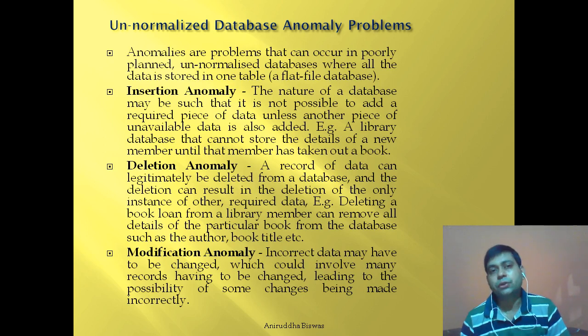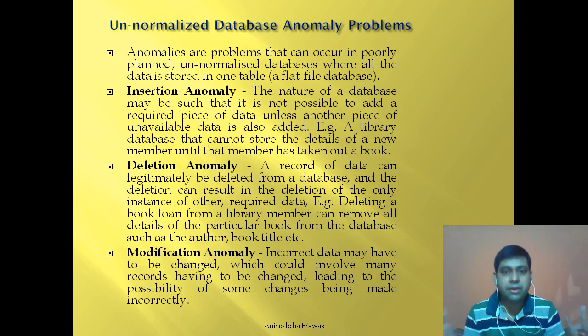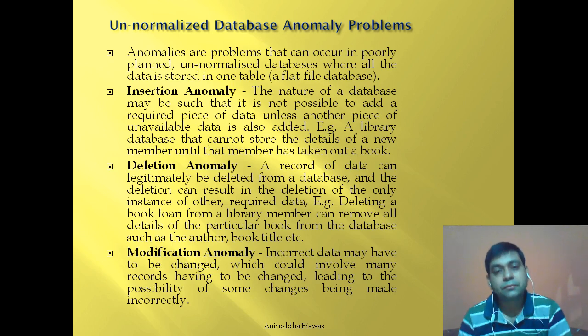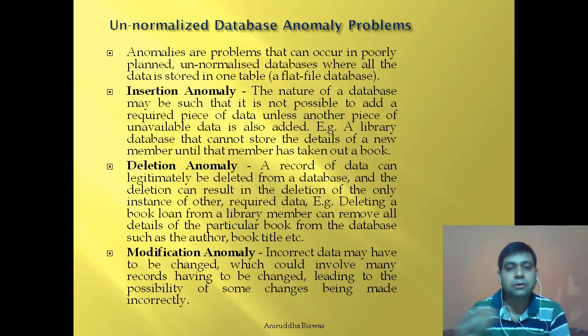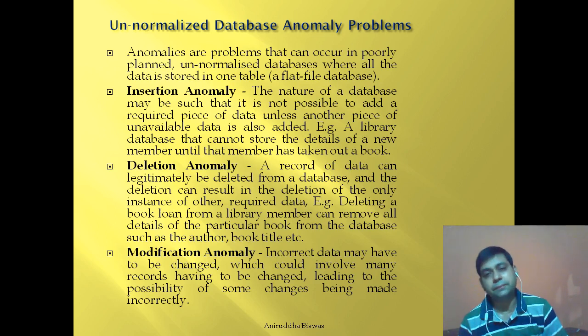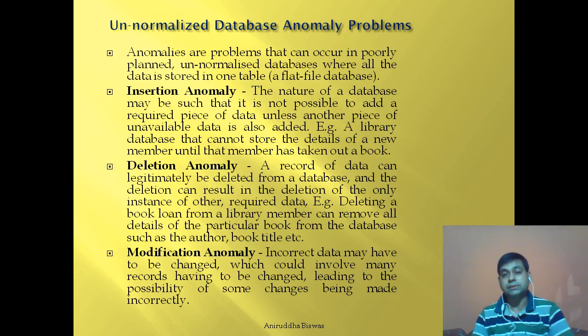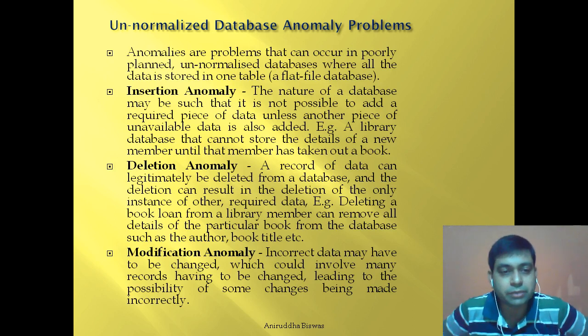Basically, if we do not normalize the database, then we overstuff every kind of data in a single table. So that may lead to the insertion anomaly problem, because when the first member of the library is joining, he or she might not borrow books on the first day, because he or she has to choose. So in that case, it will create an insertion anomaly problem.